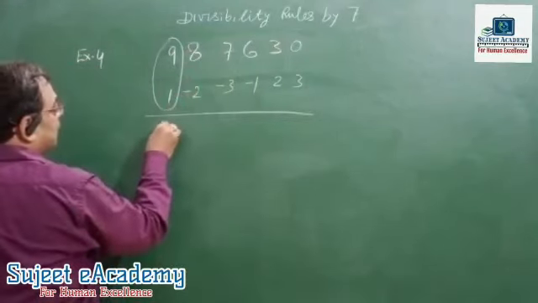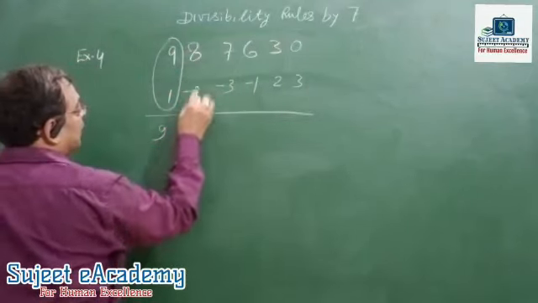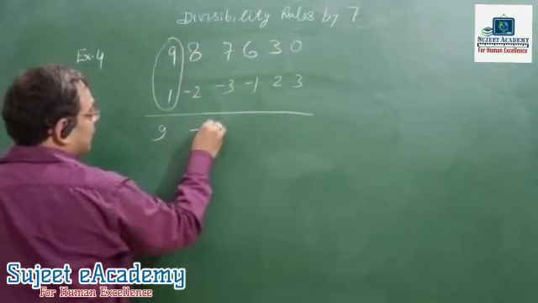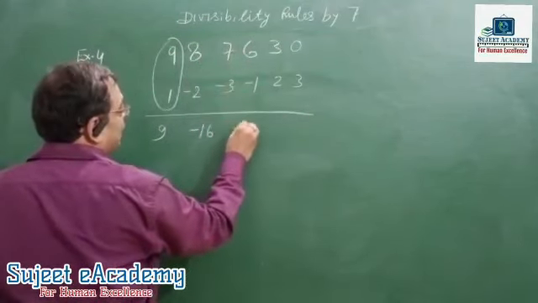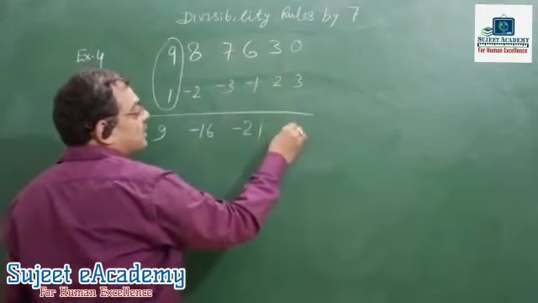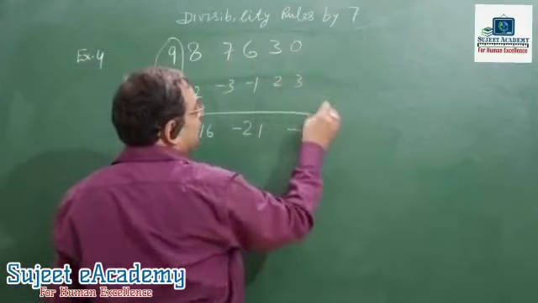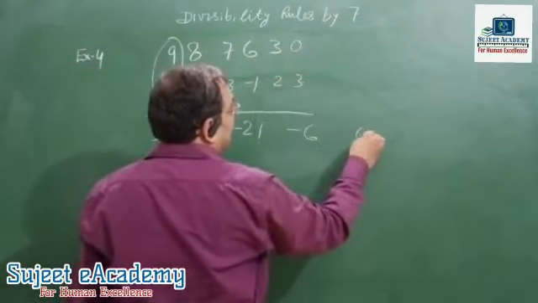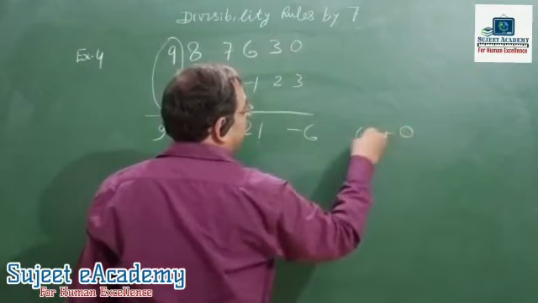9 times 1 is 9, 8 times 2 is 16, 7 times 3 is 21, 6 times 1 is 6, 3 times 2 is 6, and 0.